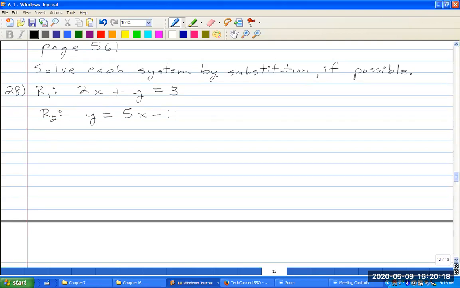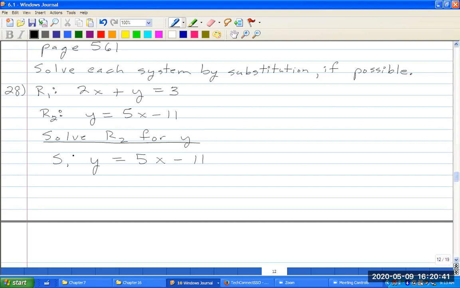Well, the second equation is already solved for y. So I have y is equal to 5x minus 11.